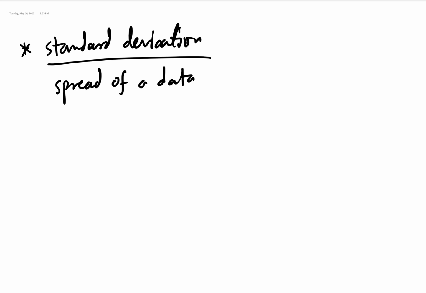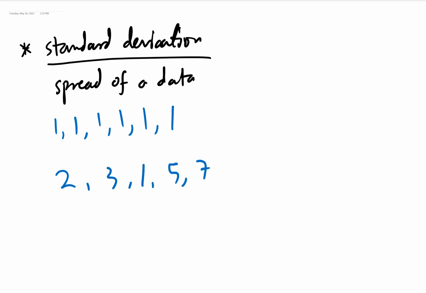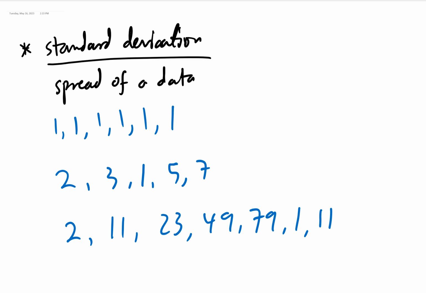So if I give you data like 1 1 1 1 1 1, or 2 3 1 5 7, or 2 11 2 23 49 79 1 11. Notice for the first one, the standard deviation, right away I know it's 0 because there's no spread.